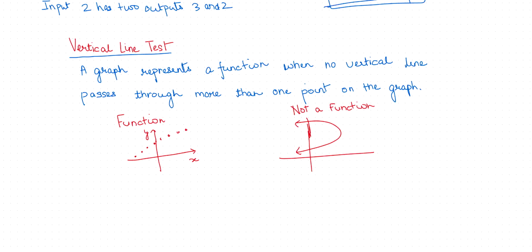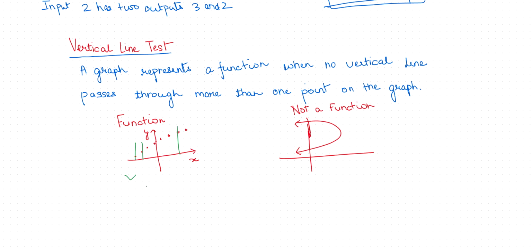If it is a function, no vertical line passes through more than one point on the graph. If we draw a line here, or here, or here, it passes through only one point. Basically, each x is associated with only one y. So this is a function.